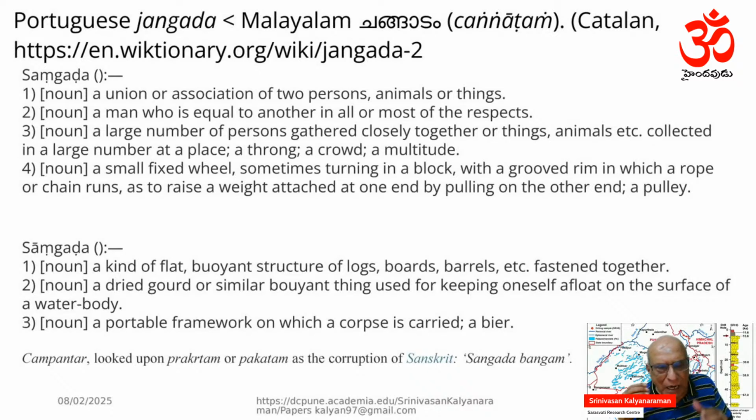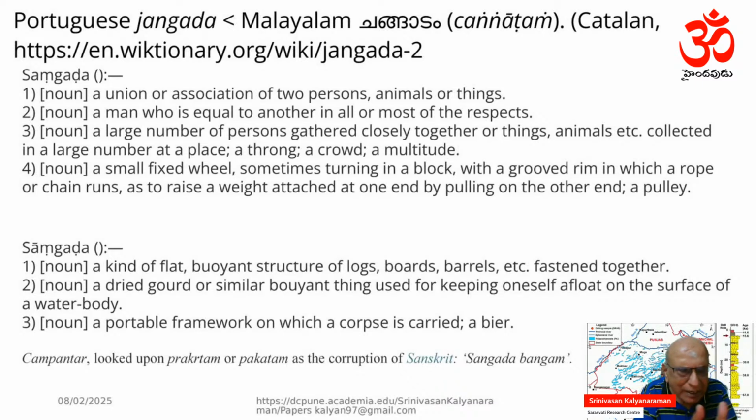So the Sangadam can have a number of meanings. It can be an association of two persons, Sangada. It can be a man equal to another in all or most respects. It can be a large number of persons gathered together closely. A closely knit Sangadam, Sangha.